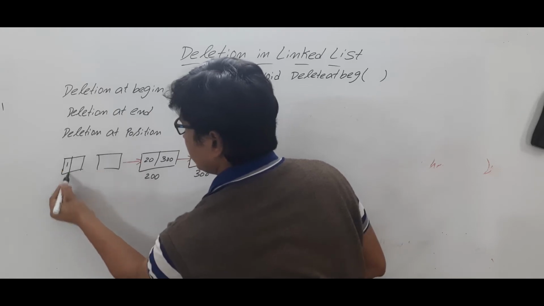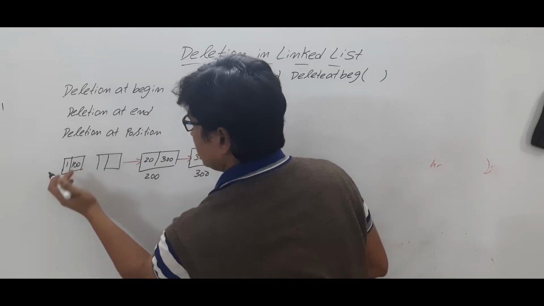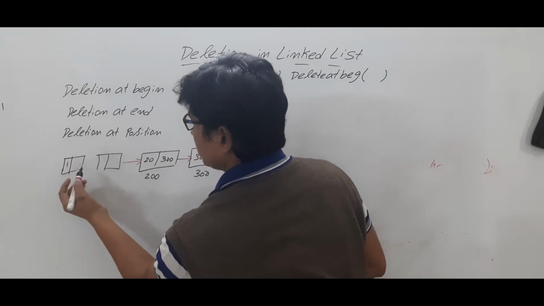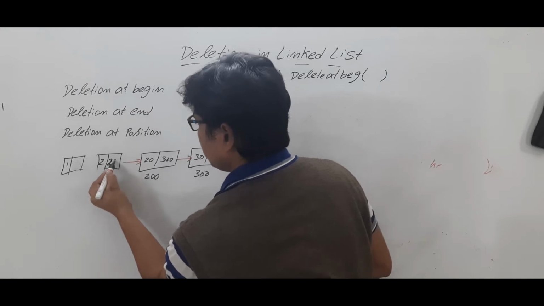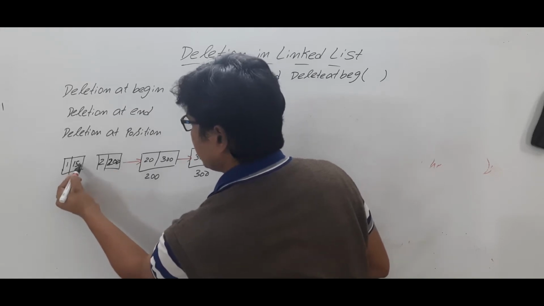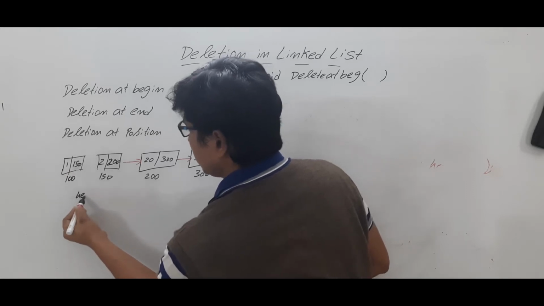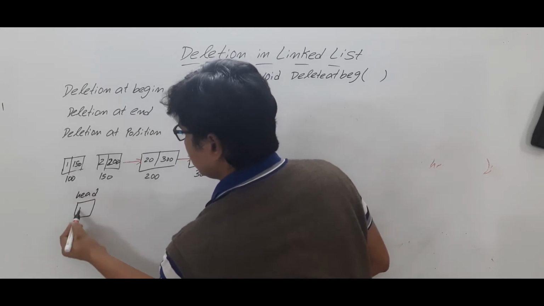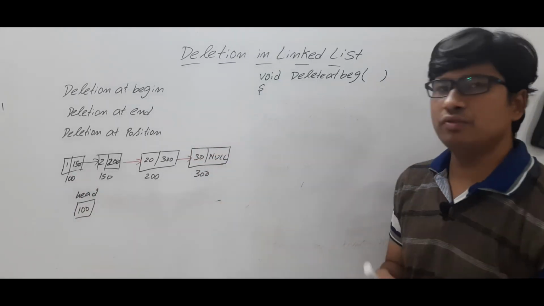We have some 1 in address location 100, 2, some 200 will be there here. Let's take that here 150. So this is 100, this is 150, and this is head having 100. Okay, are you able to understand? So we have 4 nodes.